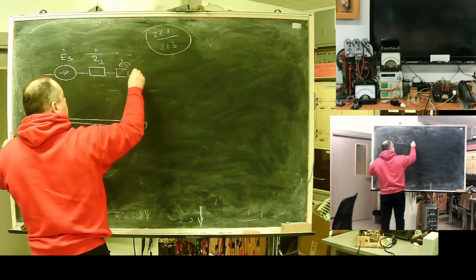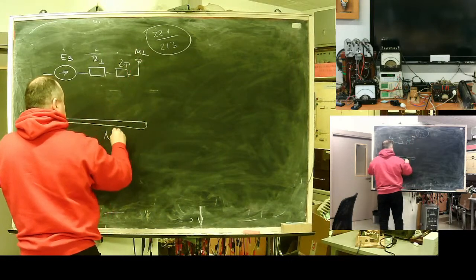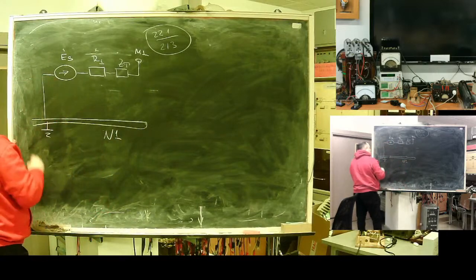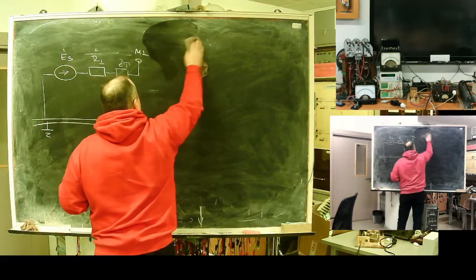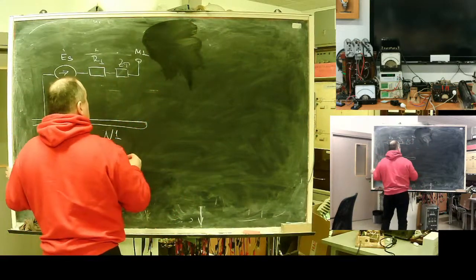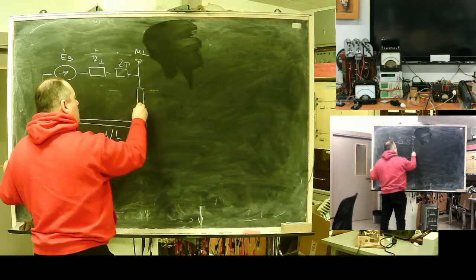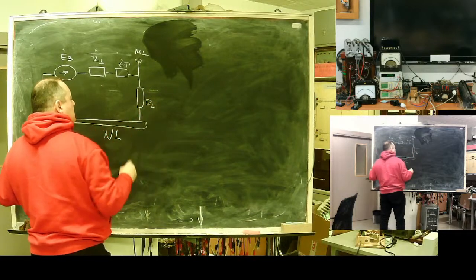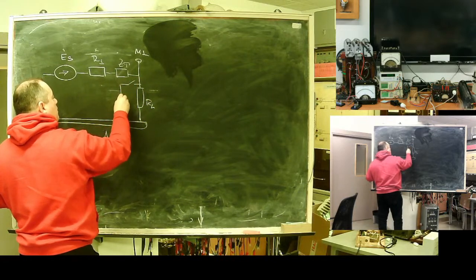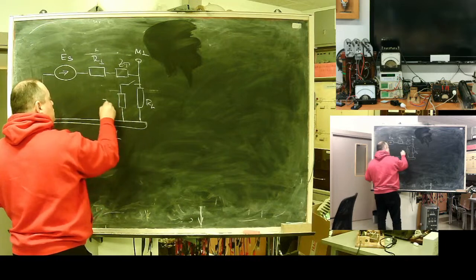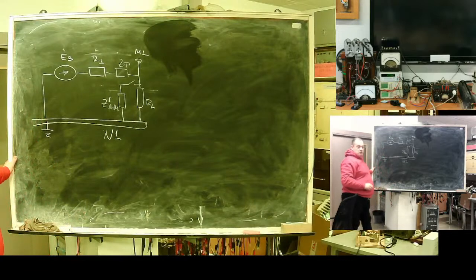Resistance of my transformer. Here will be connection point M1, and this is the common wire for direct sequence. Also, I need to put here the load resistance, and the direct sequence resistance of my asynchronous machine.